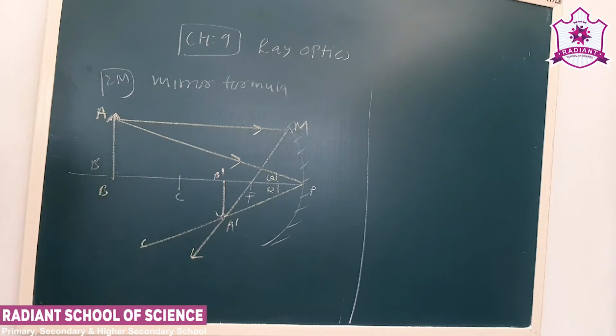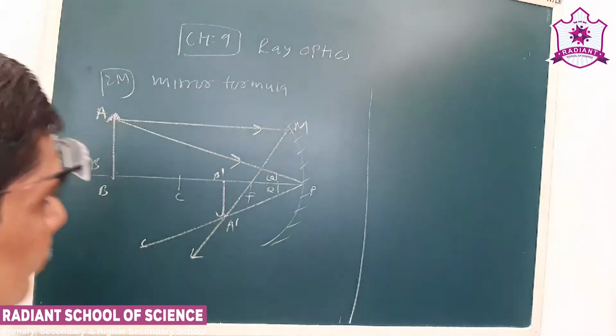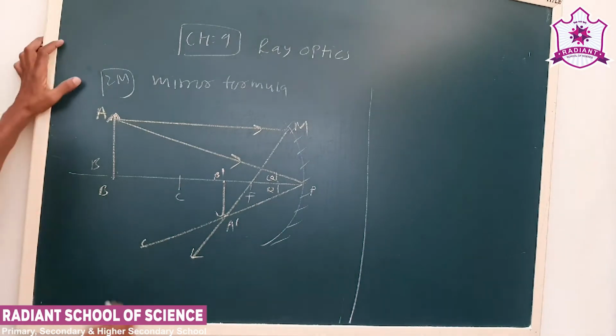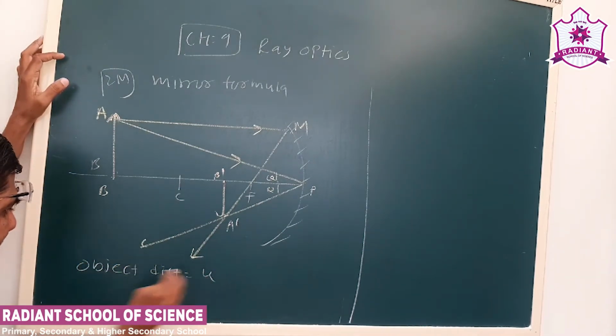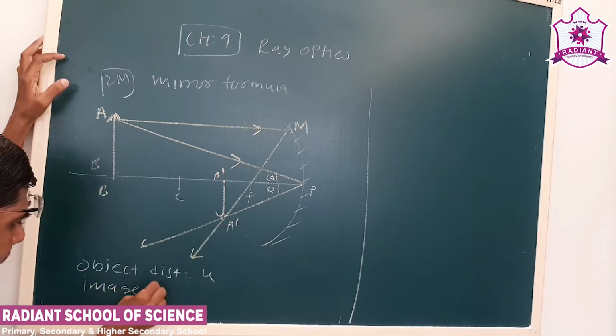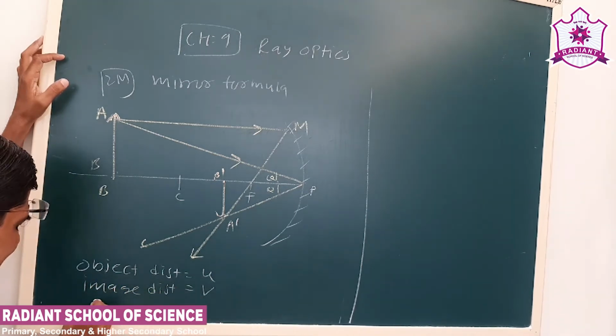Now to derive the mirror formula, that is a relation between object distance, that is u, image distance, that is v, and f, the focal length. Object distance, image distance, and focal length.